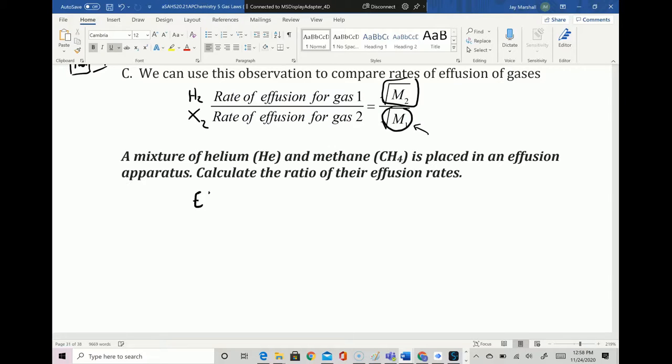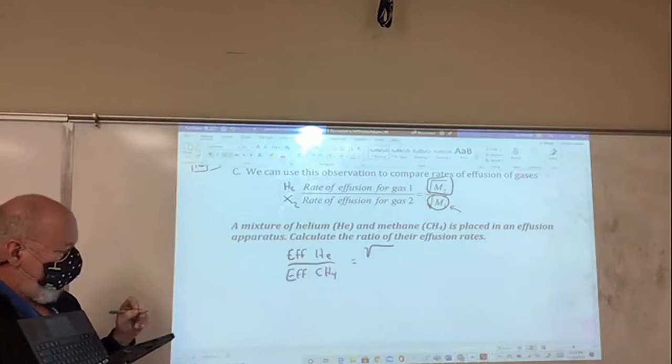Effusion for helium to effusion for methane is going to equal the square root of the molar mass of methane, which is 12.01 plus 4.04, right? 12.01 for carbon, 4 times 1.01 for hydrogen, so 16.05.